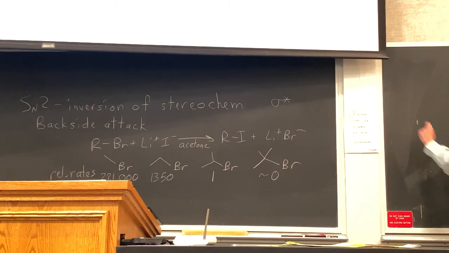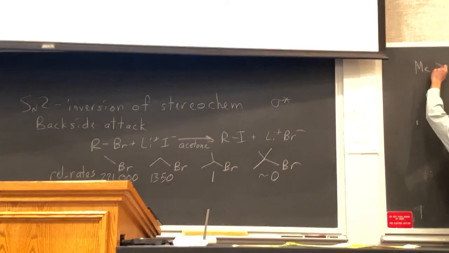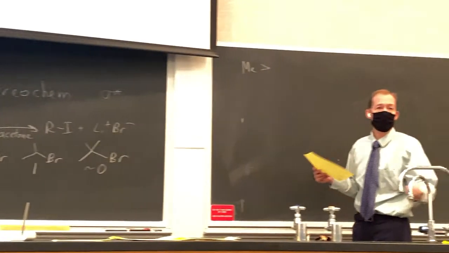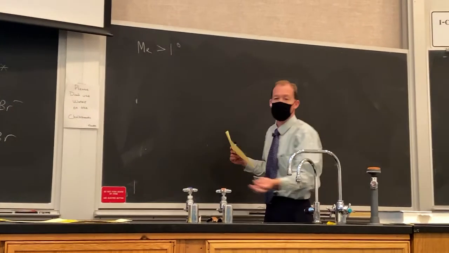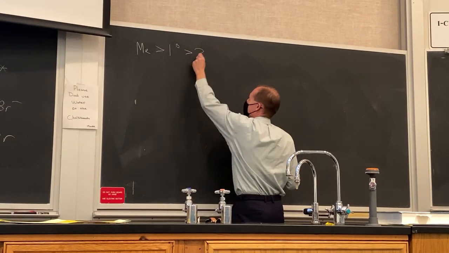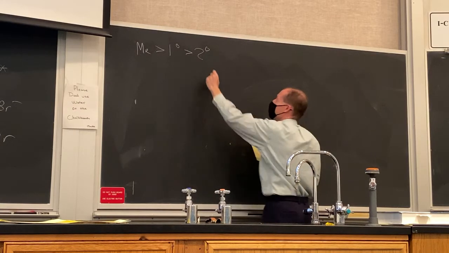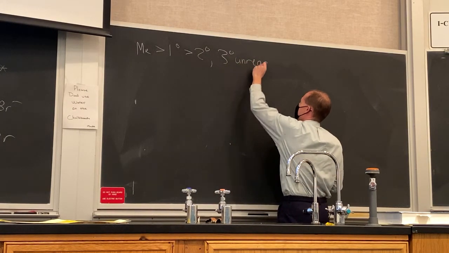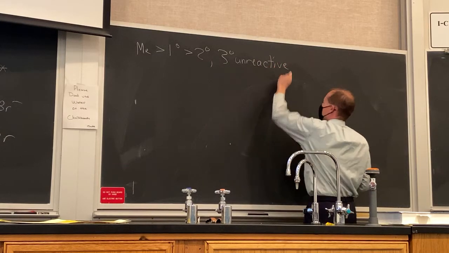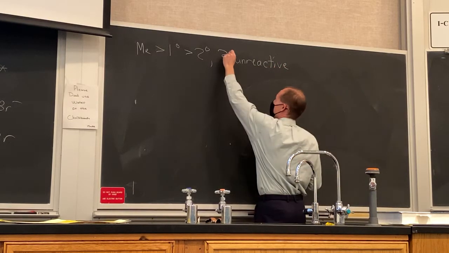So what we have is a case where our methyl halides react faster than our primary alkyl halides, which in turn react faster than our secondary alkyl halides. And our tertiary alkyl halides are unreactive in SN2 reactions.